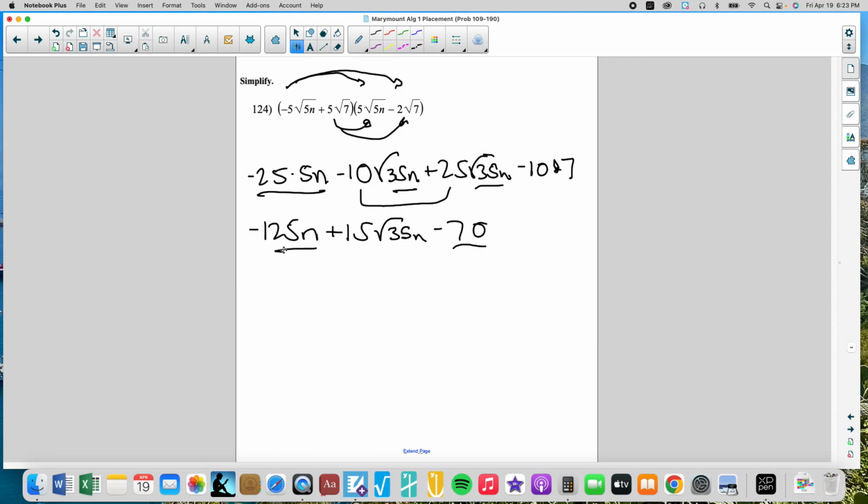Those are not constants. So, oops, sorry, that's minus 70. So this is our answer. No like terms, and I think that's kind of the order that it should be in. Negative 125n minus 70.